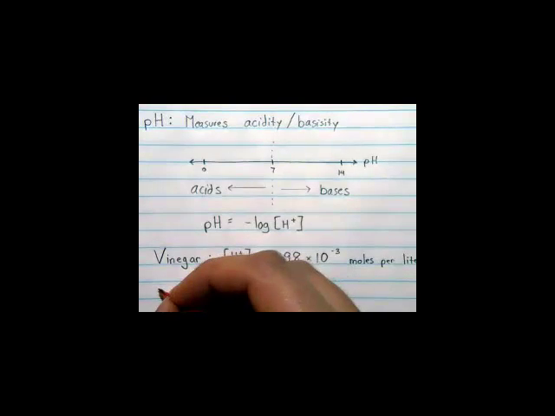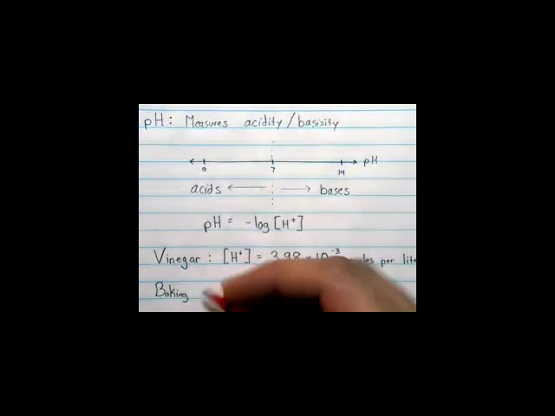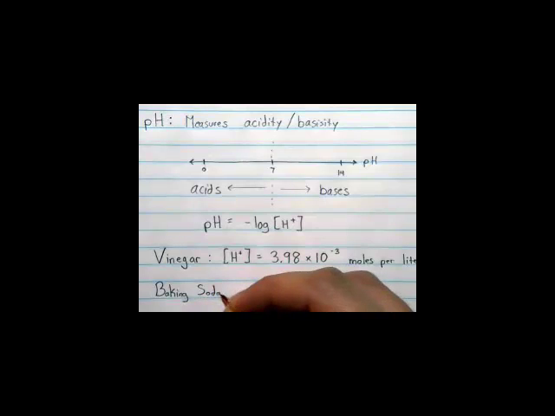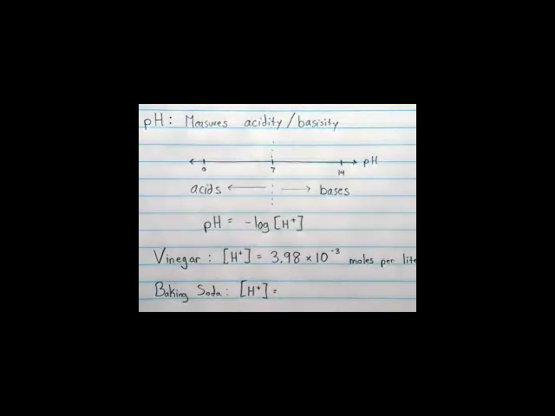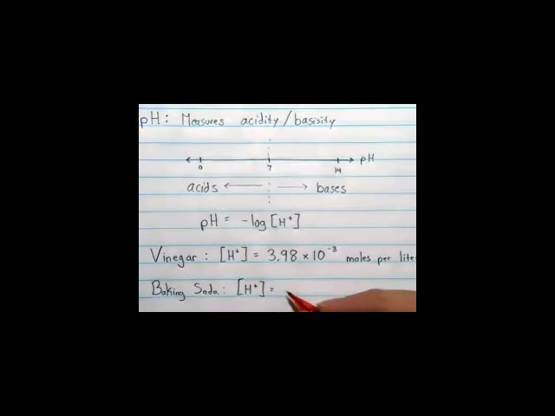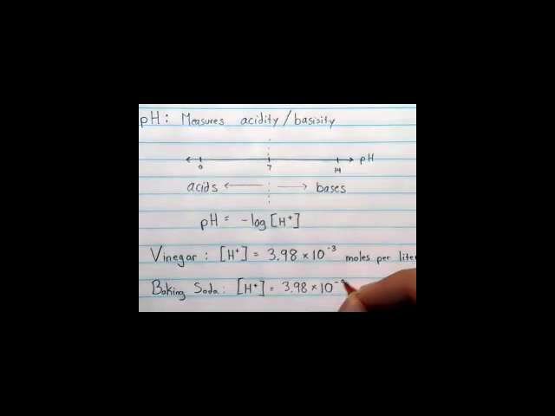Baking soda, vinegar's rival with the volcano stuff. Its hydrogen ion concentration is 3.98 times 10 to the negative ninth moles per liter.